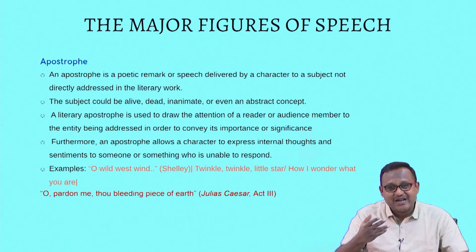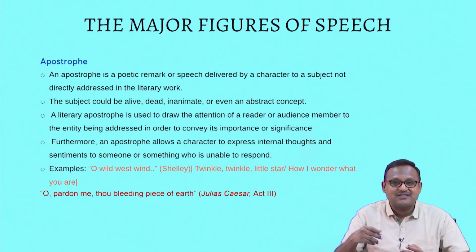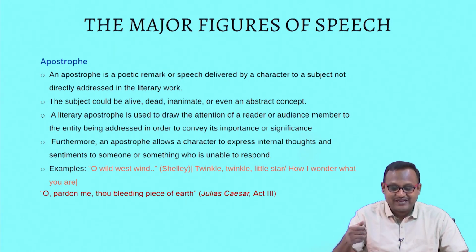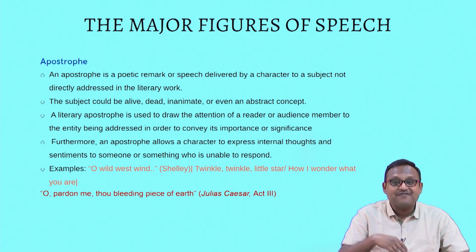When you start interacting with the west wind, then you can begin opening yourself up to the west wind. So, it is also used as a device wherein you can express your internal thoughts and sentiments. Even when they do not respond, you assume they respond to you and go on addressing them.